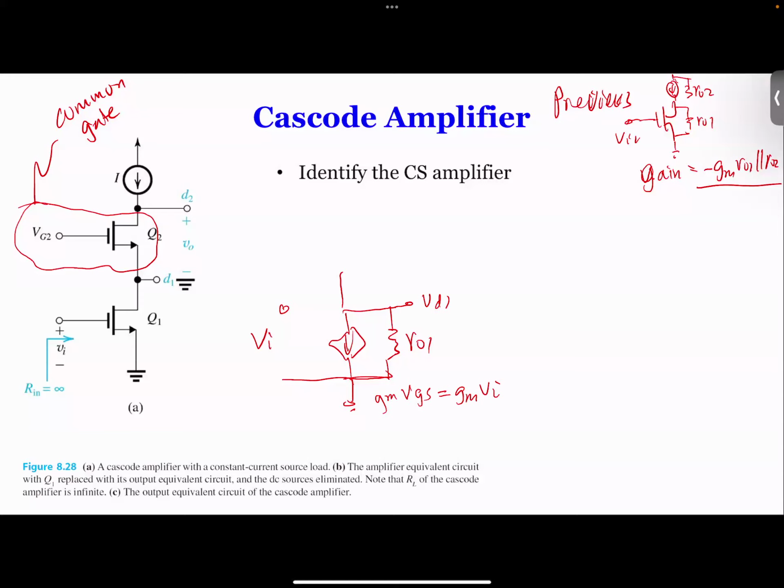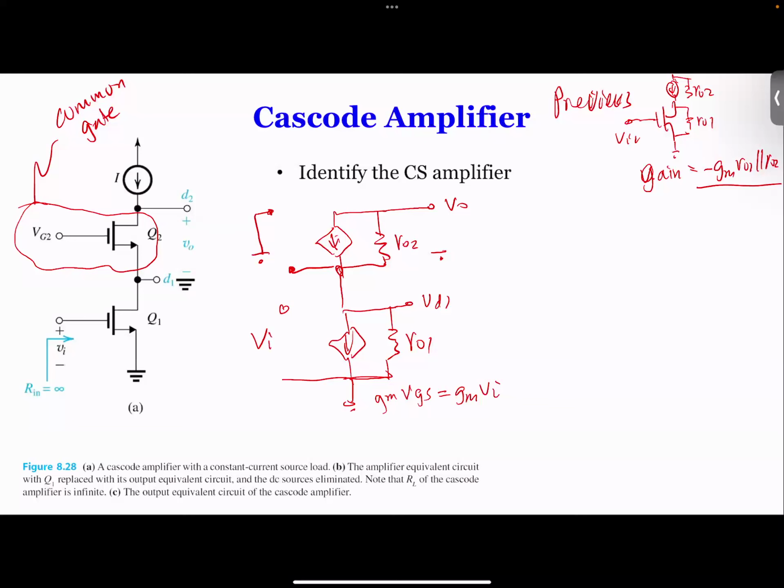So my middle one, I can draw it like this again, but my gate is the ground. So VO is to ground, okay?